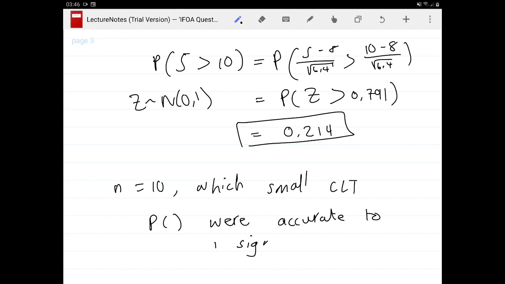So if you need only one significant digit, then this approximation is great. If you need more significant digits, then the approximation we used is not that great. But what we could do is take more independent samples, increase our sample size, and then our approximation would look better.